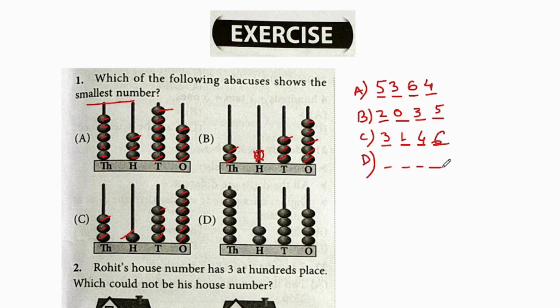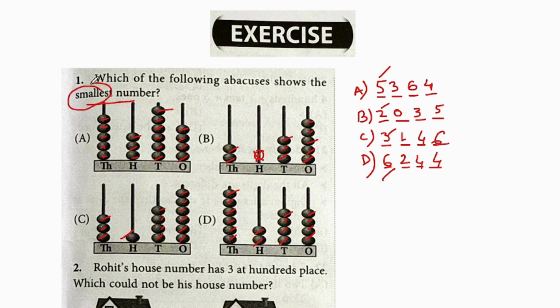Likewise, option D, 6 at the thousand place, then 2 at the hundreds place, 4 at the tens place, and 4 at the ones place. Now compare these numbers, and for comparison I have told you to start with the thousand place digit: 5, 2, 3, 6.